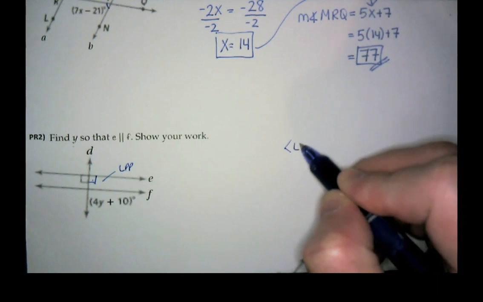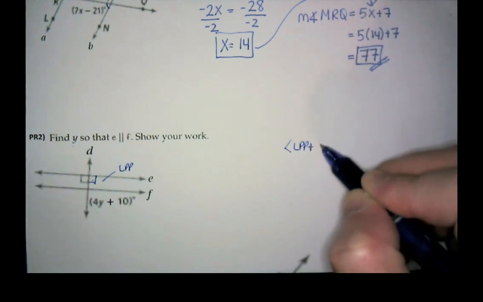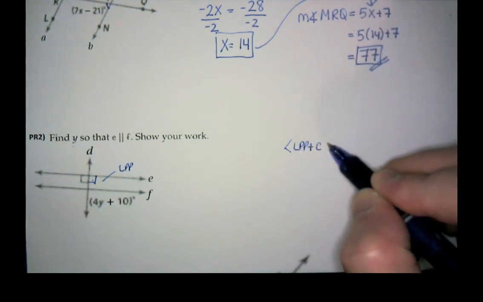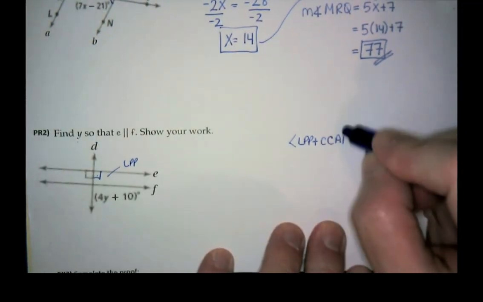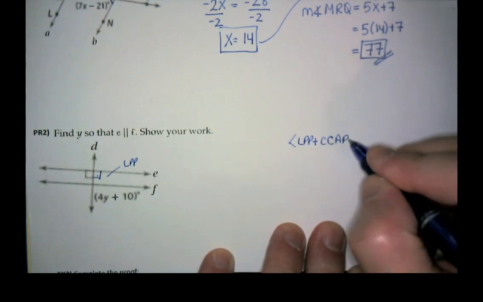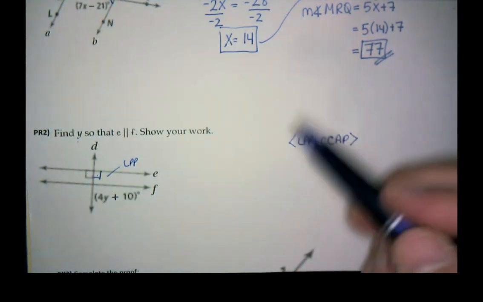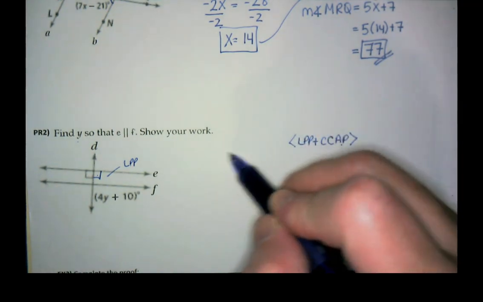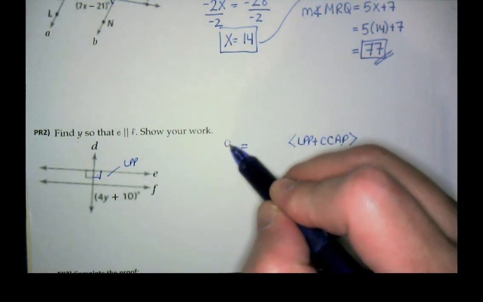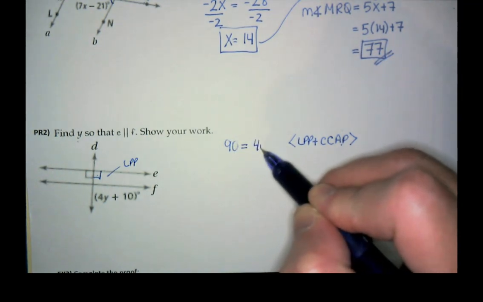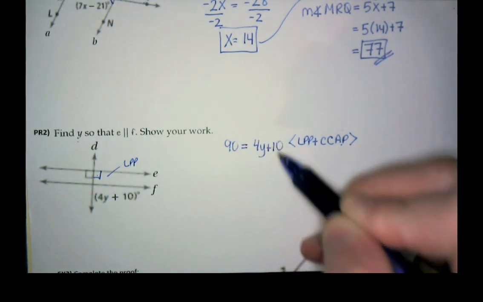So linear pair postulate plus the converse of corresponding angle postulate. Okay, so what's the property of corresponding angles? Is that they're going to be equal.